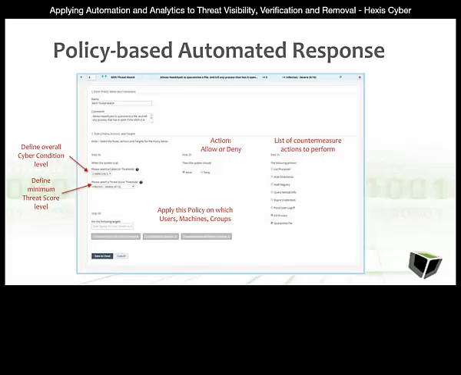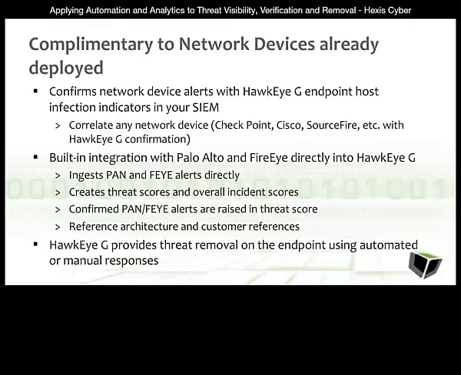So if you already have network devices, if you already have Checkpoint or Cisco or SourceFire, you don't have to think that our network sensor competes with those. In some cases, customers don't deploy the network sensor because it's important that we fit into your security ecosystem. That's where you get the benefit from it.